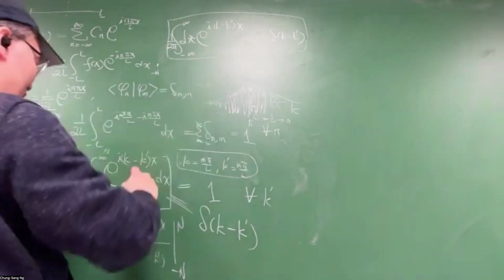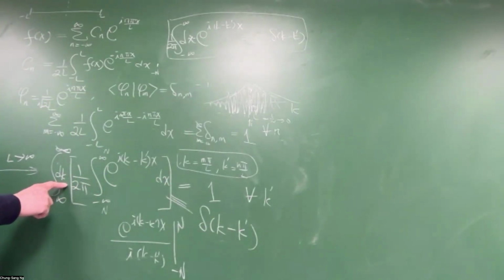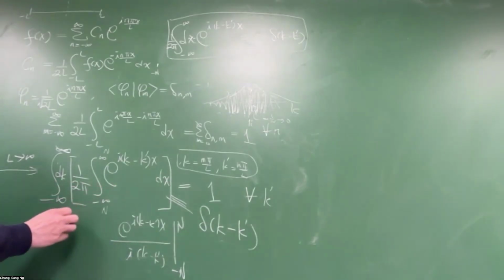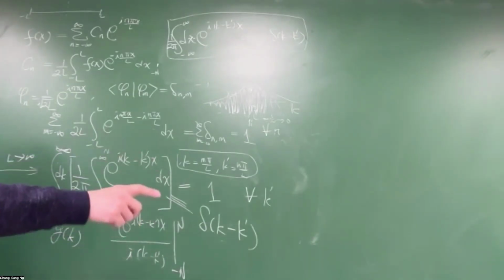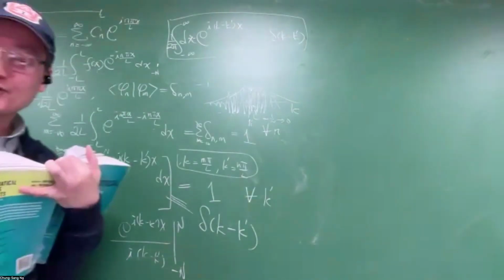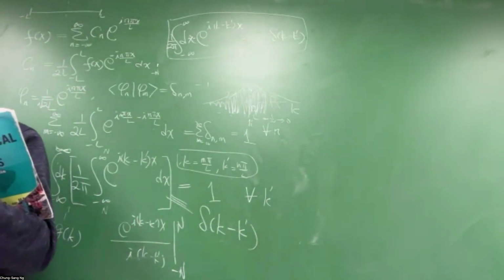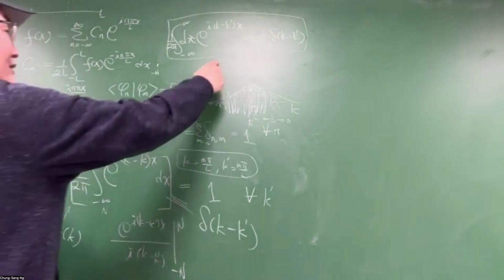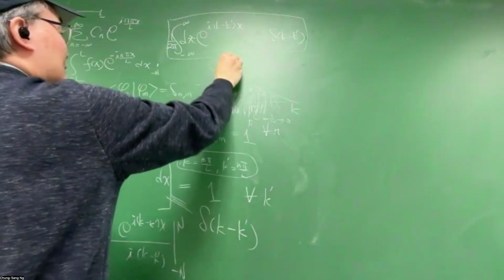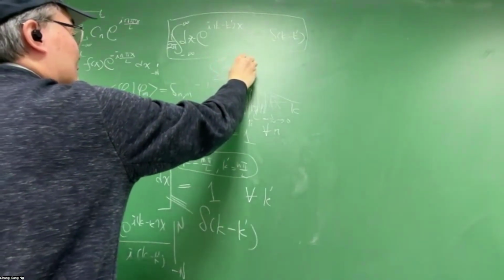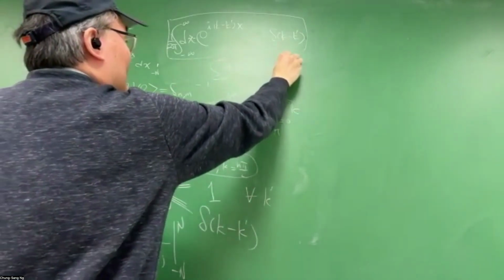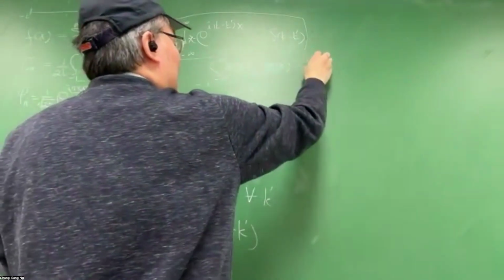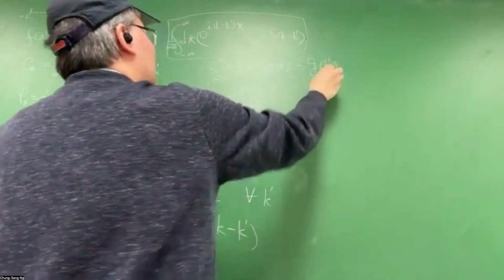But if you generalize that, instead of multiplying by just 1 in this integral, you multiply by any well-behaved function, like g of k, a function that is smooth, not a function that is actually crazy. Then you put it in the integral: dk g(k) delta(k minus k prime) gives you g(k prime).